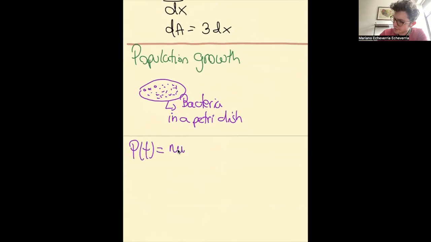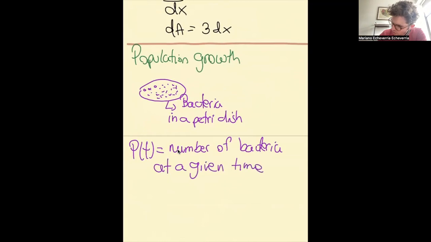So this is like the number of bacteria at a given time. So for example, P of 3 could be the number of bacteria. Let's say that's 10,000. Well, in fact, that's a very small number because usually there are millions.